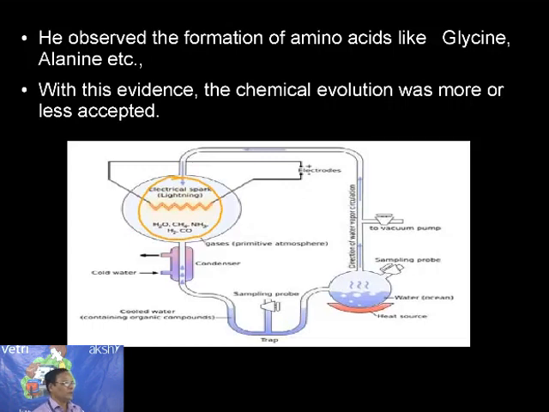So anyway, life was formed by means of abiogenesis, nothing but the formation of organic molecules from inorganic constituents. Then the diversification of organisms occurs by the phenomenon of biogenesis.